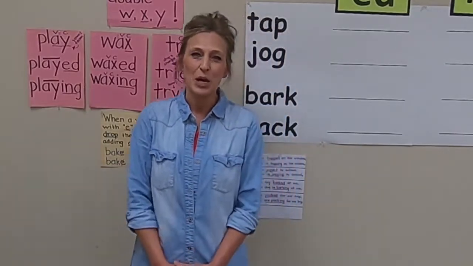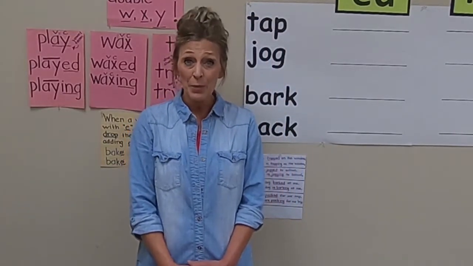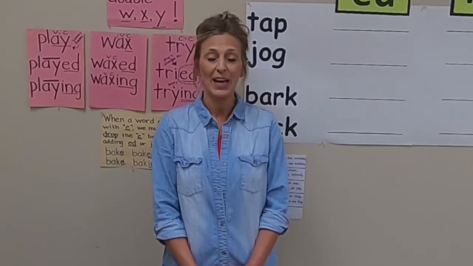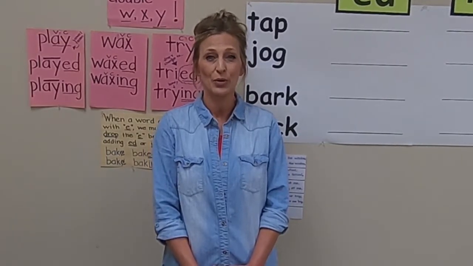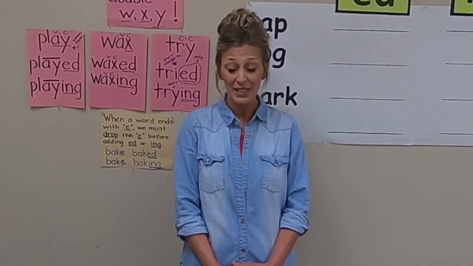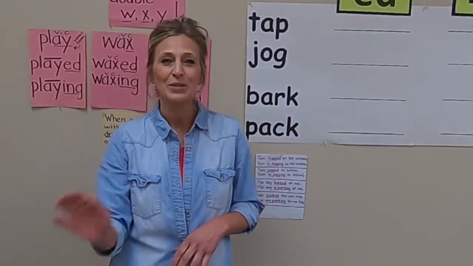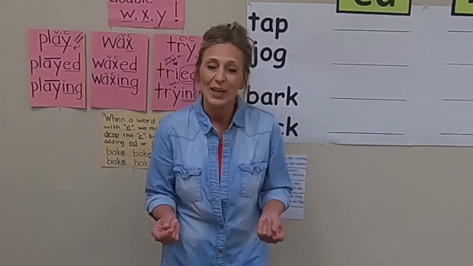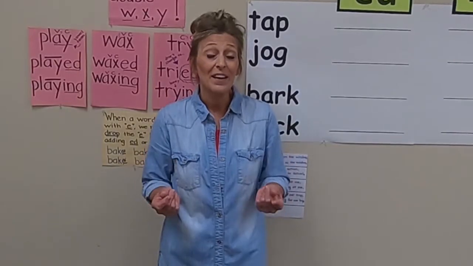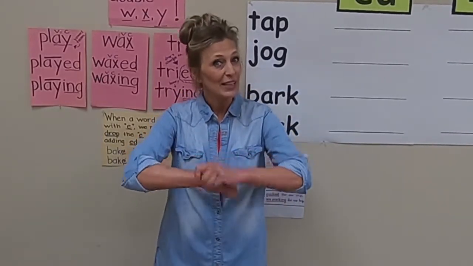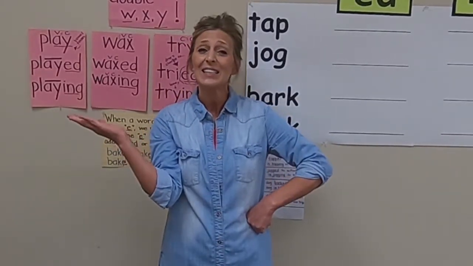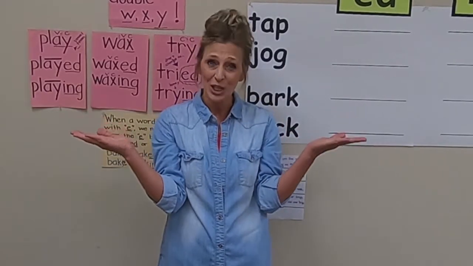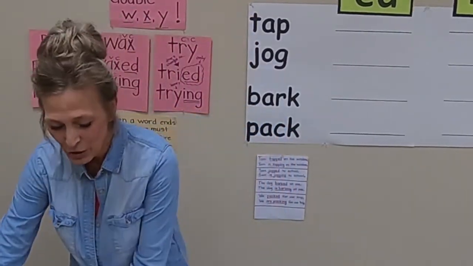Now, I've always taught my children these little jingles to help them remember how to add ed and ing to the root words of these verbs. So my first jingle goes like this. When a word ends with a VC, you double the last letter and add ed or ing. Now, you try it with me.